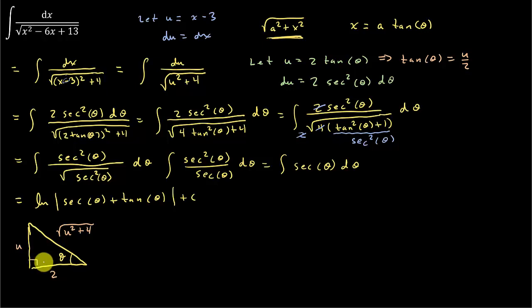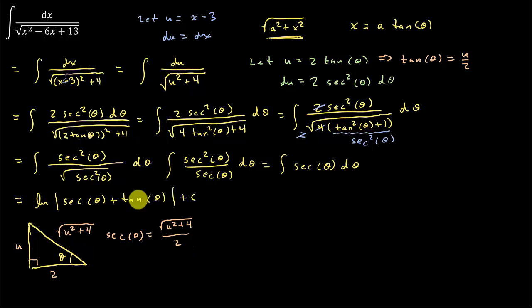Now, let's see what I have. I've got to figure out what secant theta is and tangent theta. Well, I know that secant theta is equal to hypotenuse over adjacent. So that's going to be square root u squared plus 4, and that's over 2.